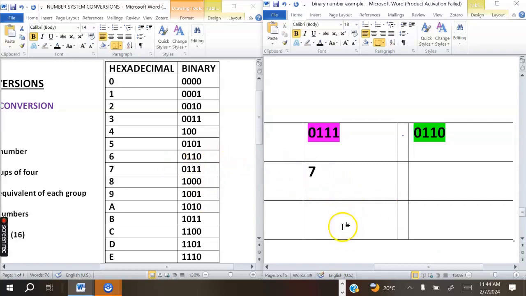So this is 7 in both systems. Then we have 0110. This should give us the value A. A is equivalent to 10. Therefore, this is A. I hope up to that point we are on the same page.